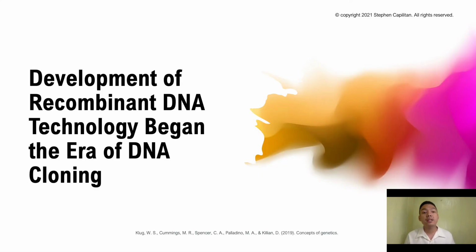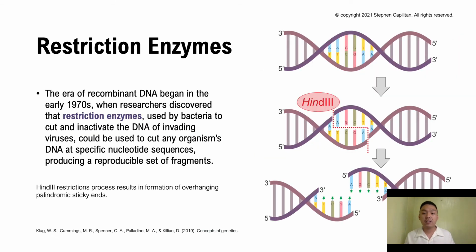So now we are moving to the new era of DNA cloning using the development of recombinant DNA technology. We have what we call restriction enzymes, and it began in the 1970s when researchers discovered this restriction enzyme.